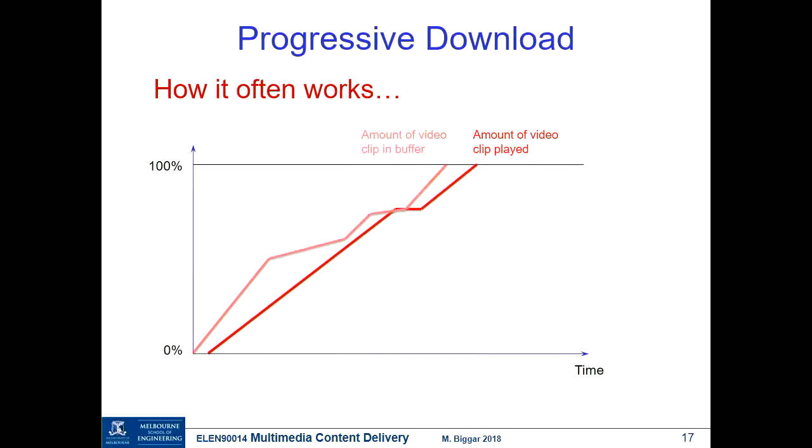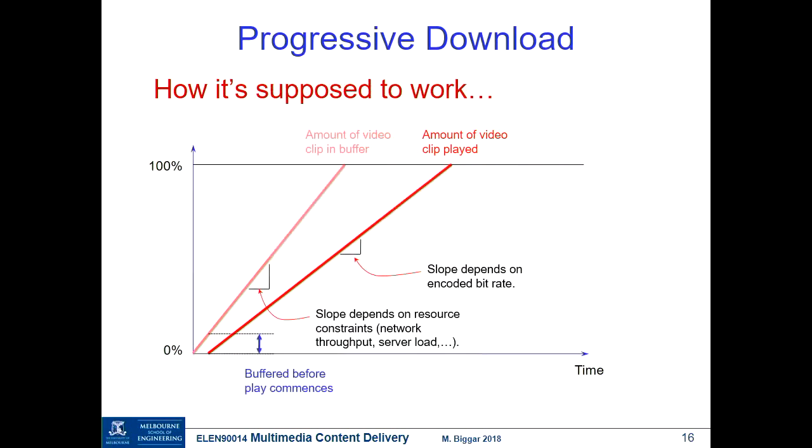But the problem comes if the network supported rate drops during the playout. And so we might have decided on the basis of the incoming bit rate and the playout rate of the movie or the video that after waiting this amount of time we can safely start, but the conditions could change.